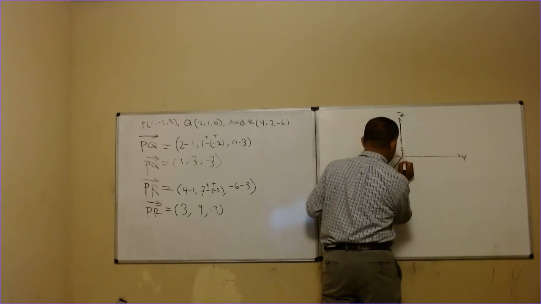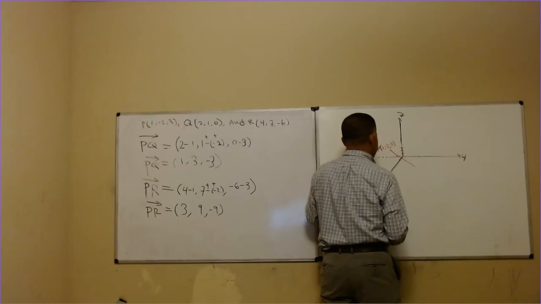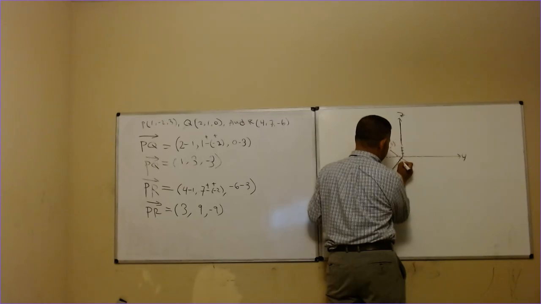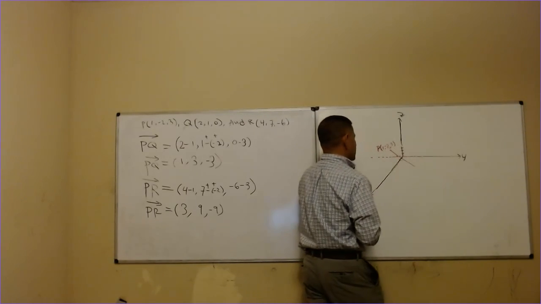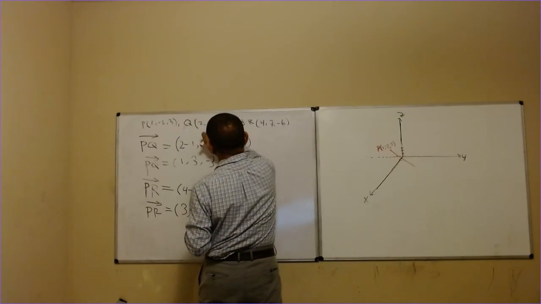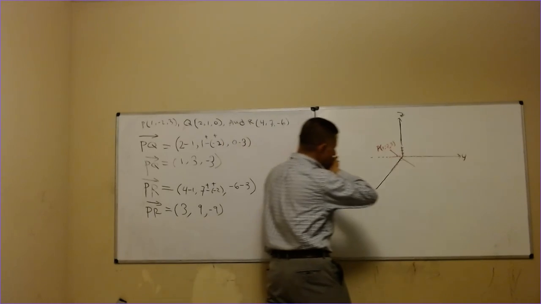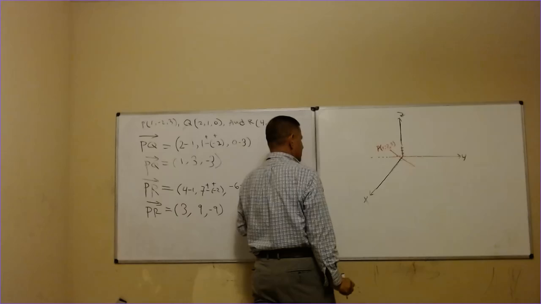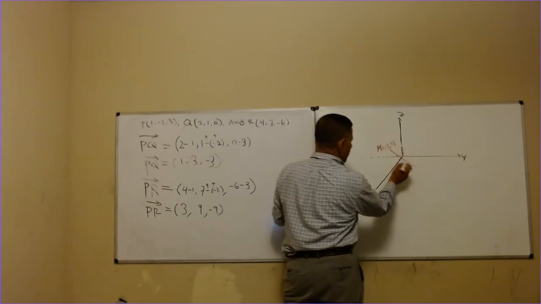Okay, so from X, I go back 1 unit to Y, right? 1 unit from X equals 2, I go back 1 unit to Y, which lands me at that point. And that's why Q is right there. But why did I go to Y?